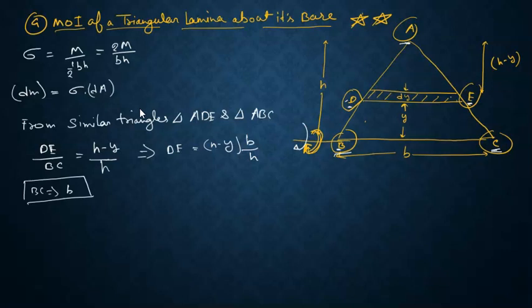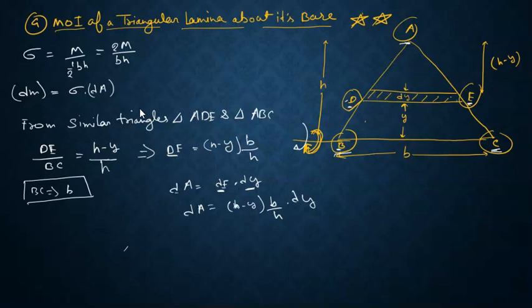So to find dA, we have DE. So dA equals DE into dy, where DE is the length and dy is the width. So dA equals (h minus y) into b by h into dy.